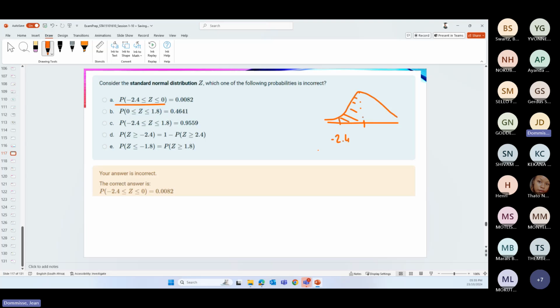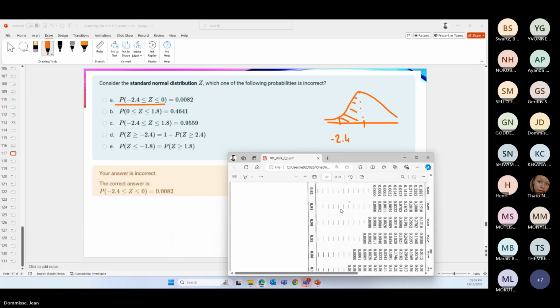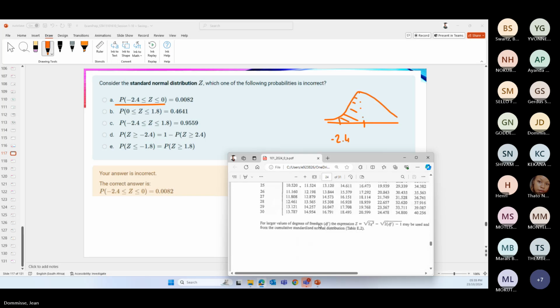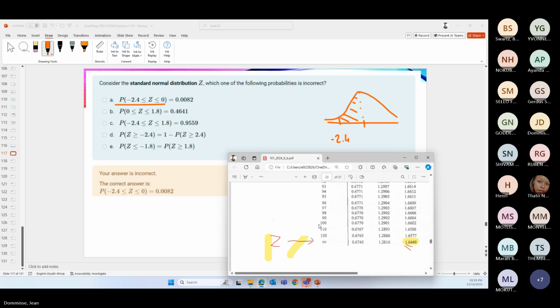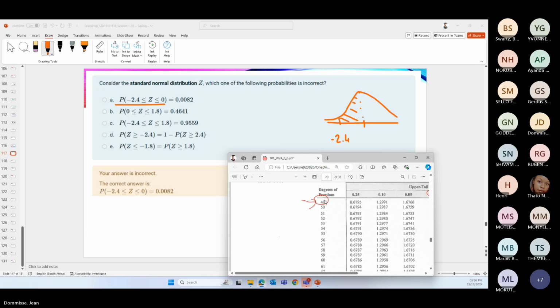Yes, I see this hand. Oh, okay. So quickly, we need to get that area.